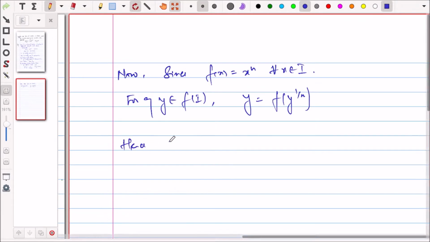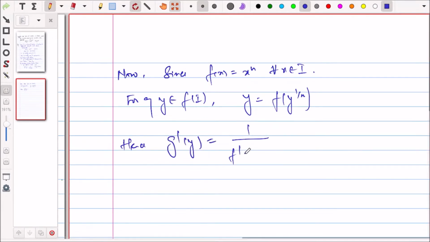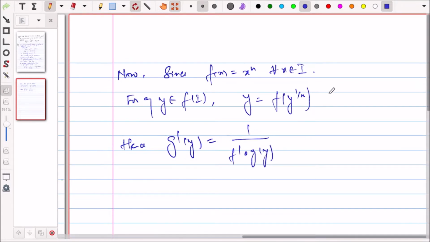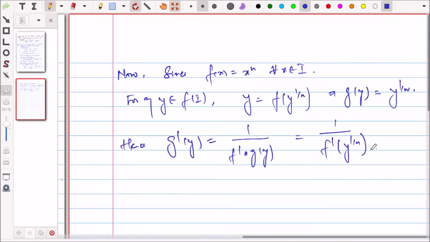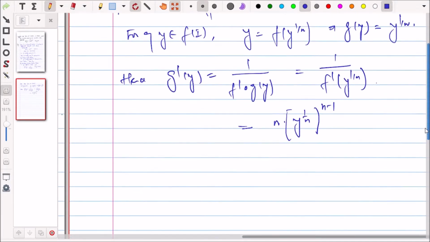So hence g dash of y is equal to 1 by f dash of g of y. So this implies g of y is equal to y to the power 1 by n. So this is f dash of y to the power 1 by n, and what is the derivative of any point? It is n y to the power 1 by n minus 1, right?